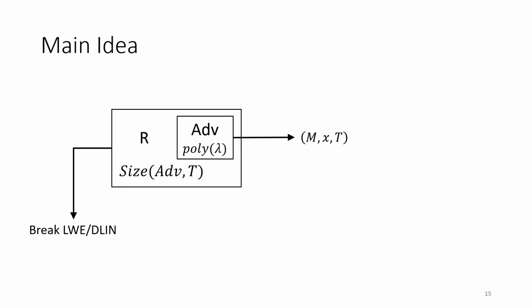We're going to make sure that the adversary only claims statements that it is able to compute on its own. So we ask the prover to prove that it actually executed a time t computation. And now this means that t is smaller than the running time of the adversary, and the running time of the adversary is polynomial. So t is polynomial, and the reduction runs in polynomial time. And now we get a contradiction to the polynomial assumption.